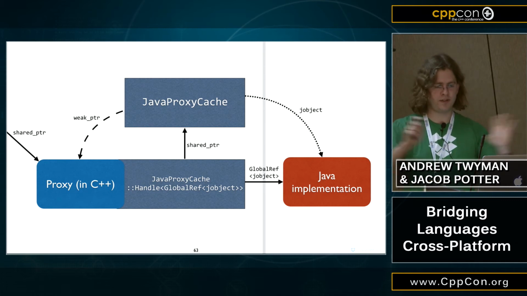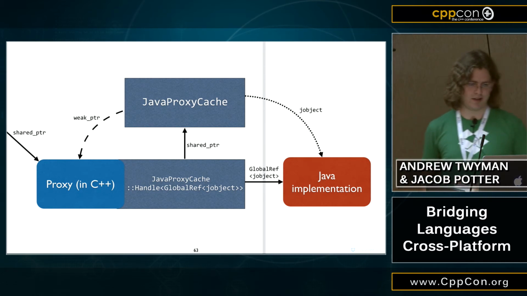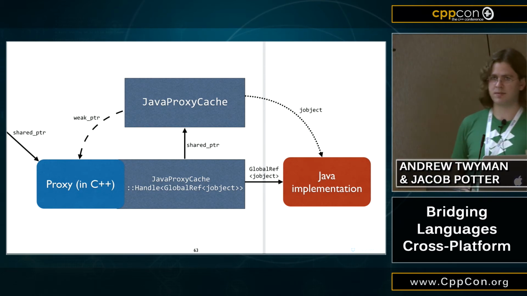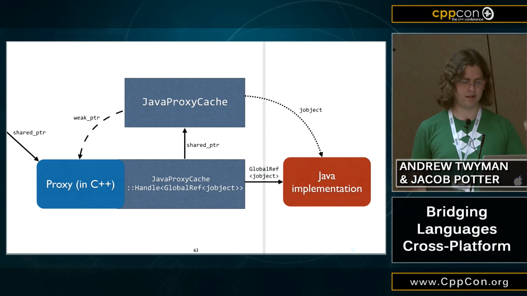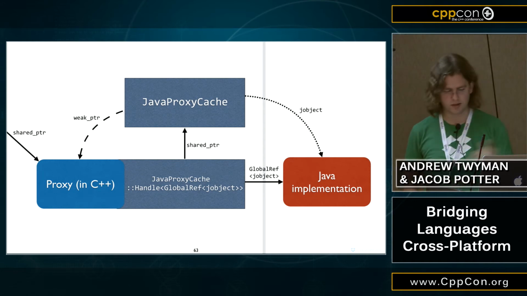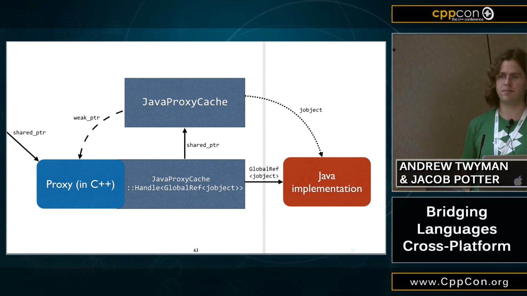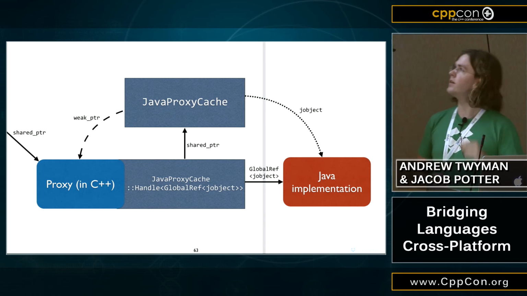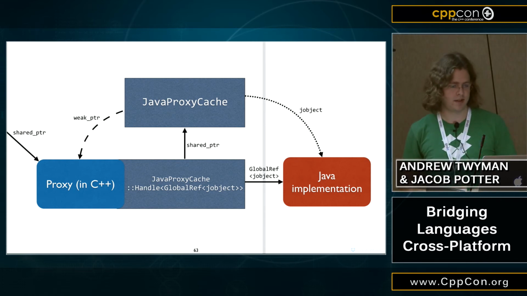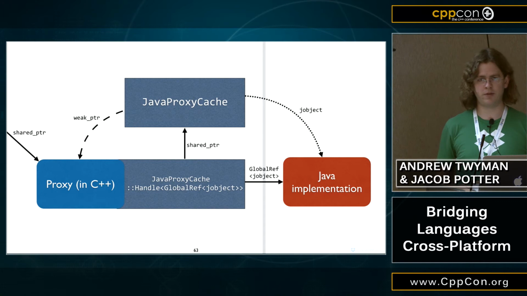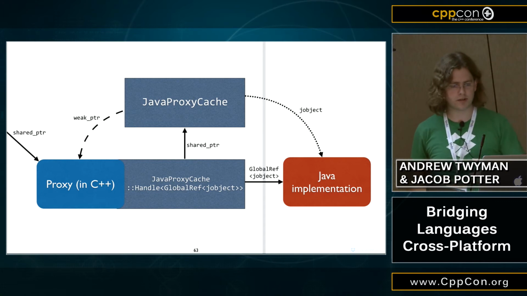So things have shifted a little bit. The proxy is a C++ object that has implementations of virtual functions. It calls into Java. So I moved it right up next to the handle because that's actually a base class. And then I put in concrete types for all of these dotted lines. It has a wrapper for a JNI reference.